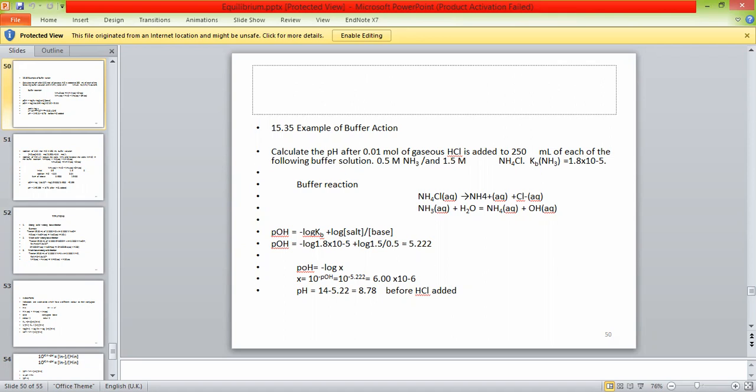So when you add an acid to a basic buffer, it reduces the amount of the base and increases the amount of the salt by that same amount. So simply meaning, in the HH equation, you're going to add 0.01 on the salt, and then on the base, you're going to subtract 0.01.